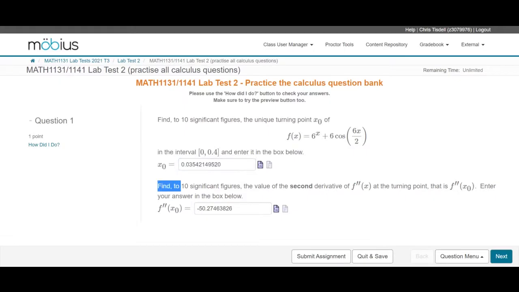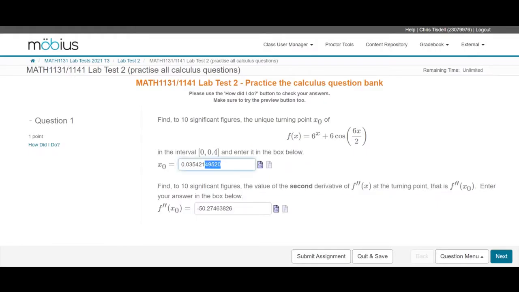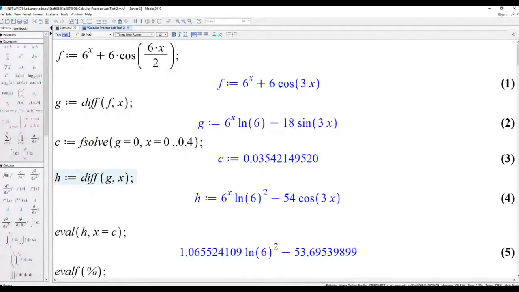The second part is find to 10 significant figures the value of the second derivative at the turning point. So I want to take this and substitute it into the second derivative of f. Let's see if we can do that in Maple. You can see here I've defined a new function h, which is the derivative of g.